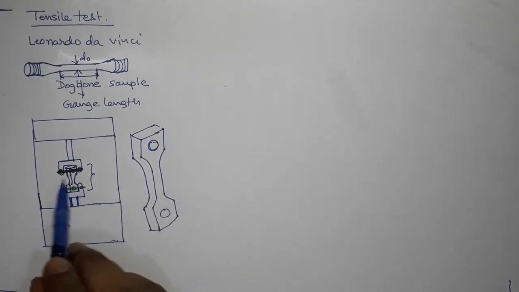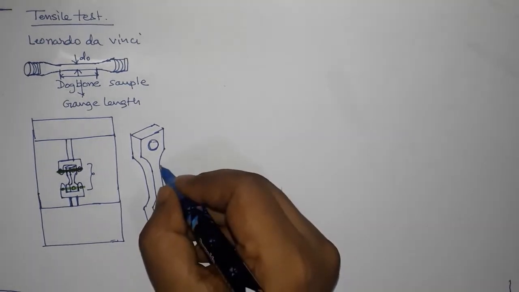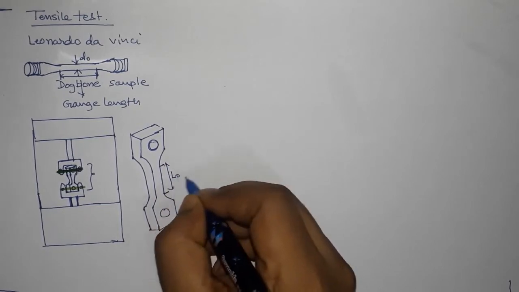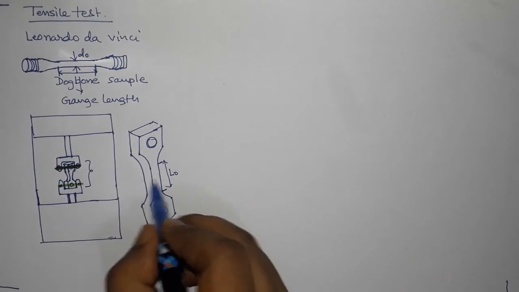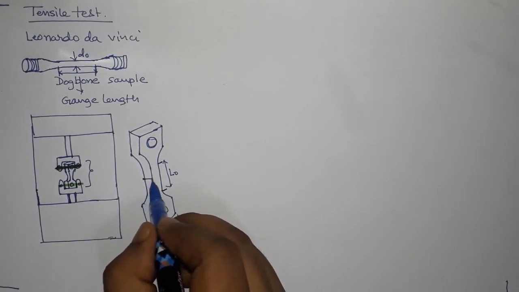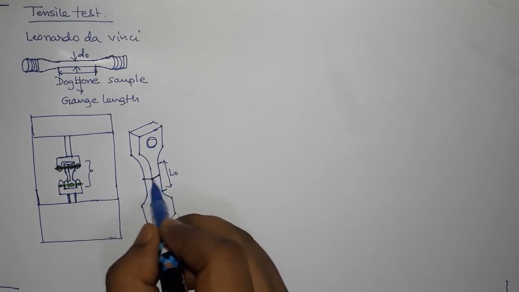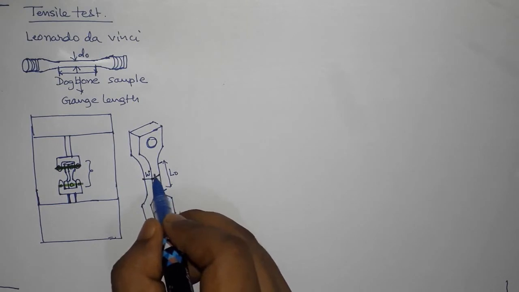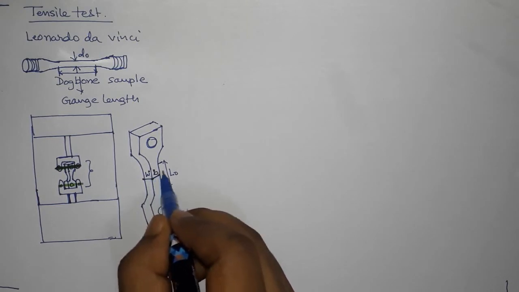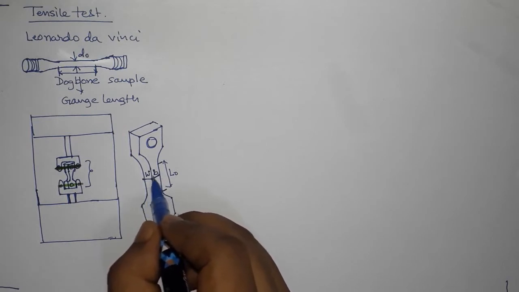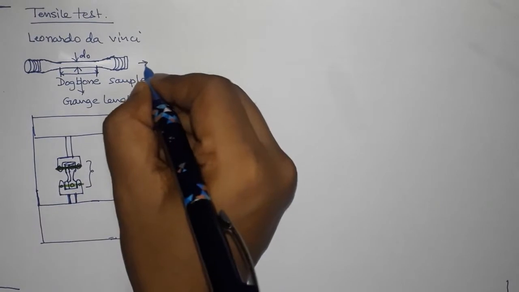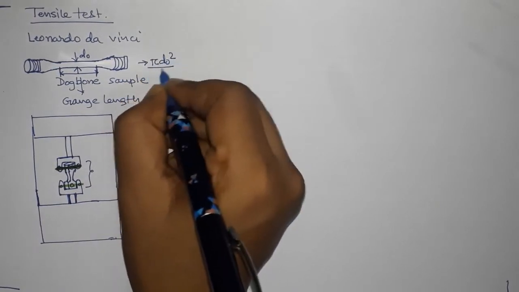And so this is how the specimen will look like. In this case, this is my parallel length, so we call that the initial gauge length. And in this case you will have the cross section, so you will have this length into that dimension, so you can call this width, and you can call this B, or you can call it W1, W2, or whatever. So you can measure the dimension here and there, and then you can multiply, so that will be the cross sectional area. In this case the cross sectional area of course will be pi d naught square by 4.